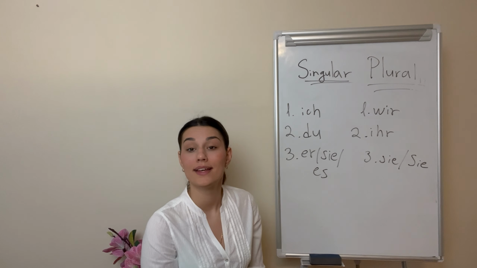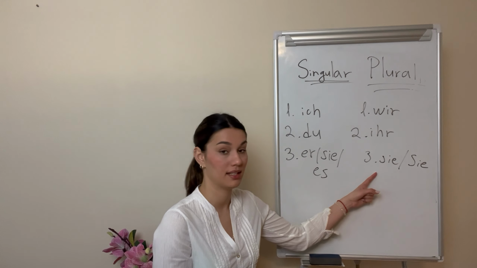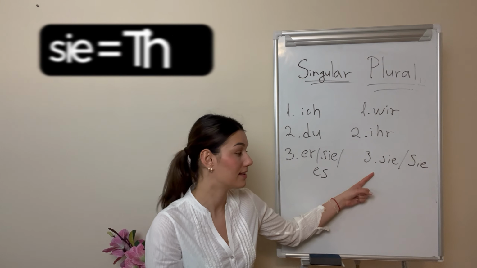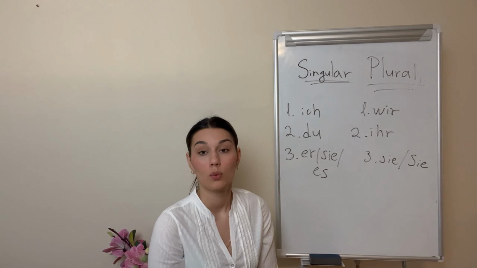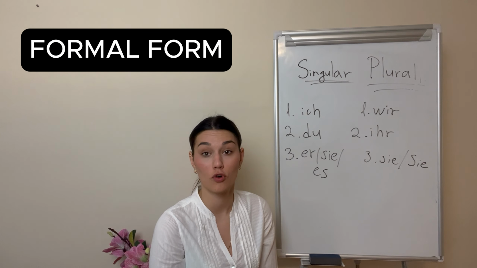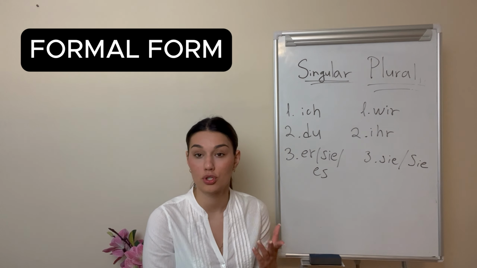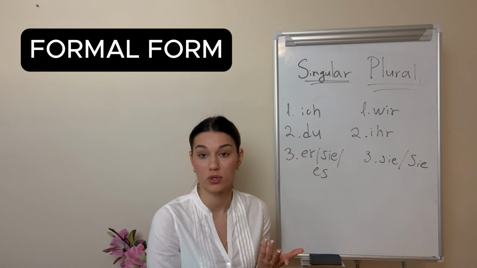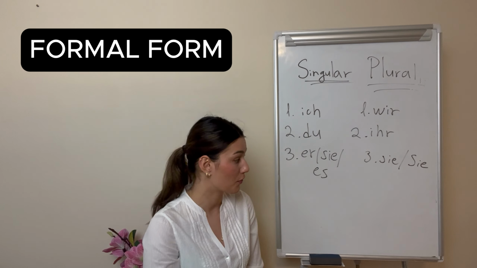Repeat after me, sie. This will be translated as they, and this one with capital letter will be formal form. So formal form, when we are talking, for example, with a teacher, professor, or someone that is older than us, we will use this form.